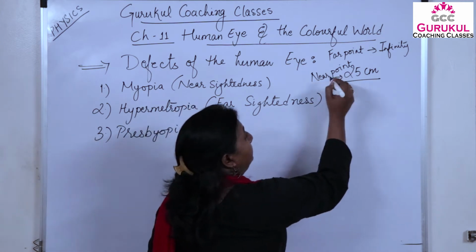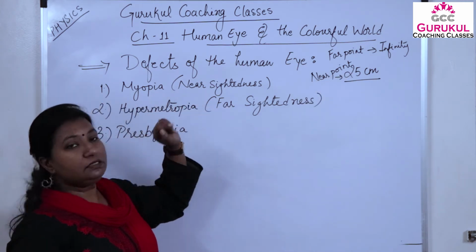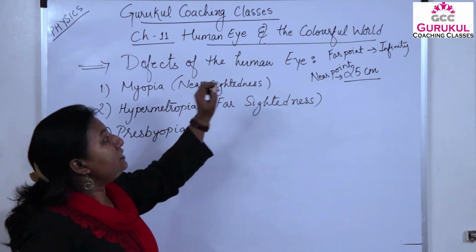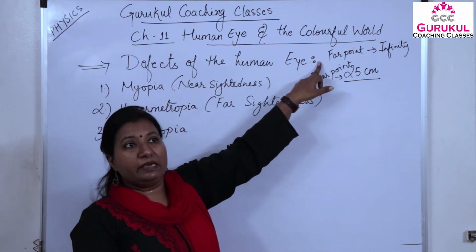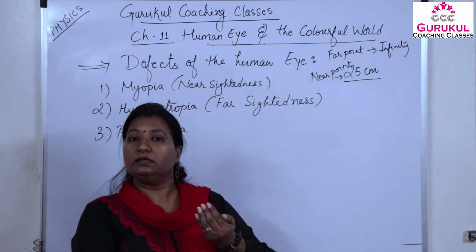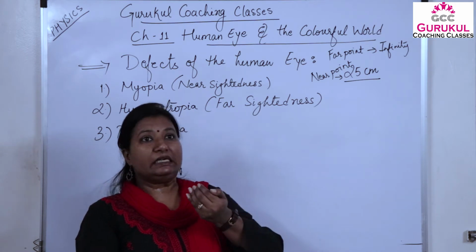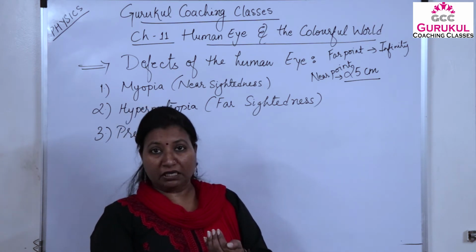So when the person is suffering from myopia, the far point decreases, means the far point comes nearer to the eye, means it will not remain infinity.